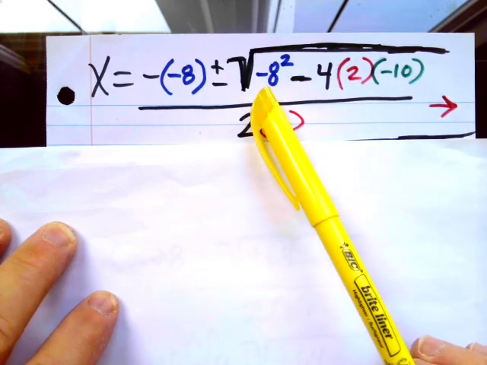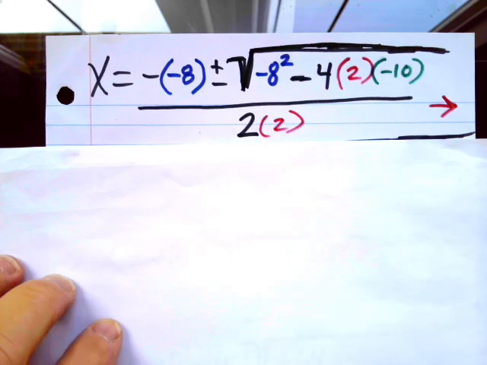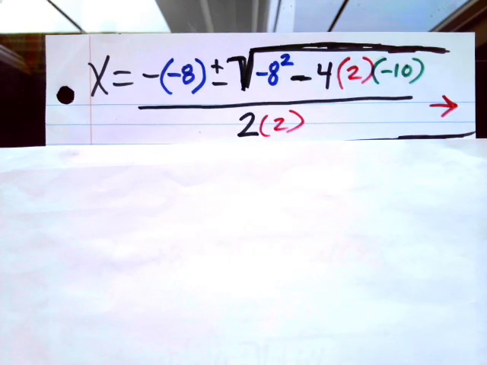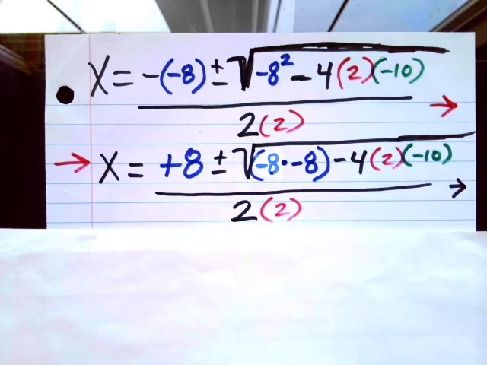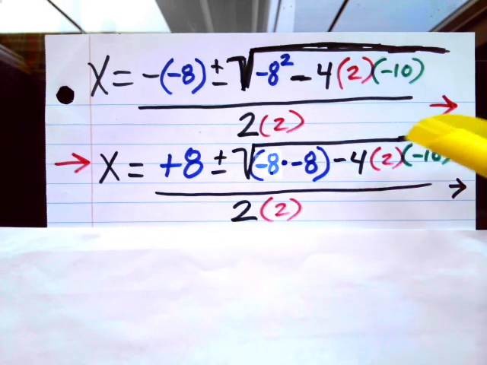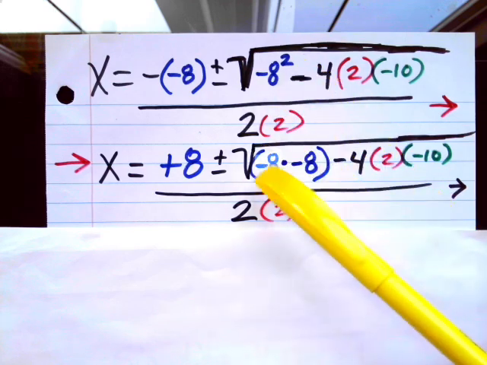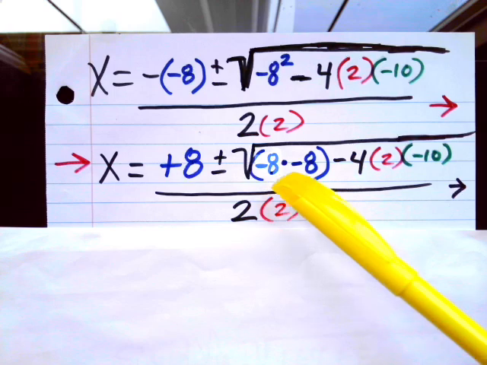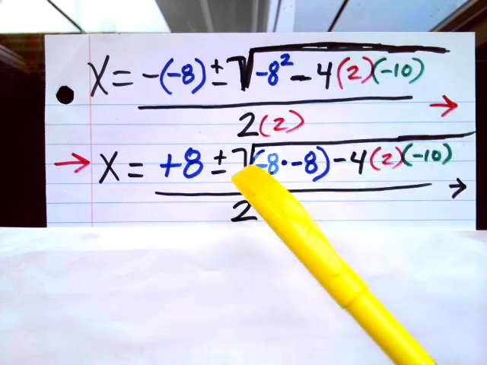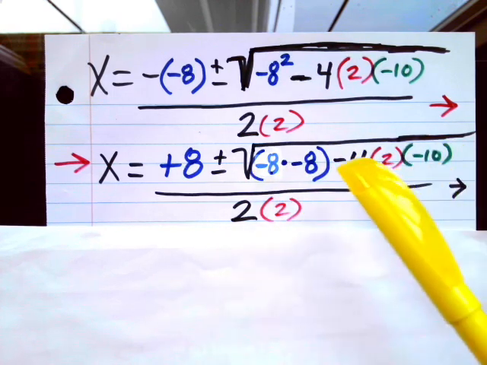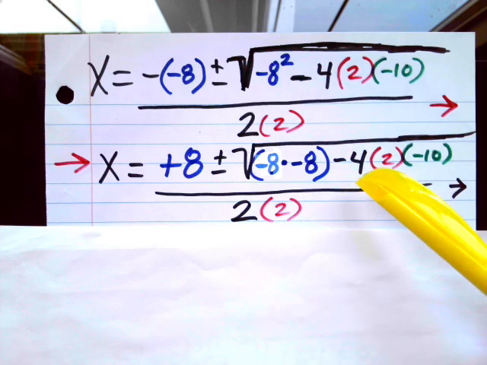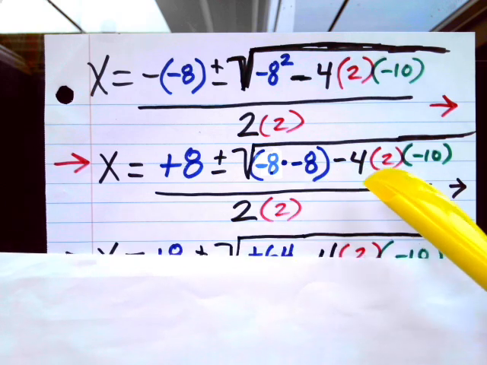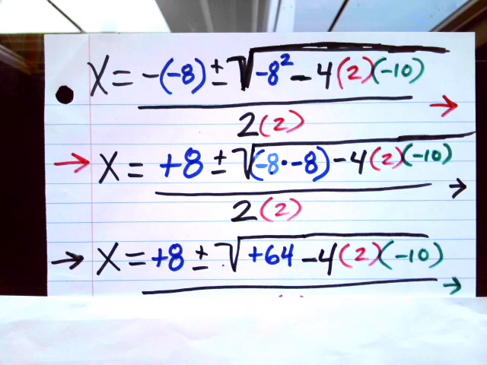Next are exponents. Negative 8 squared is negative 8 times negative 8. I'm going to show you that now and just rewrite and copy everything else down, right? So everything else just is copied down here. Negative 8 squared is negative 8 times negative 8. So looking in the radical, I'm going to simplify the parentheses, and then I'm going to multiply all those values that you see here.